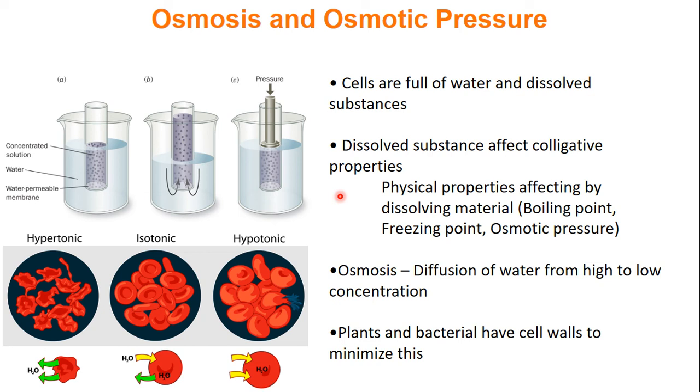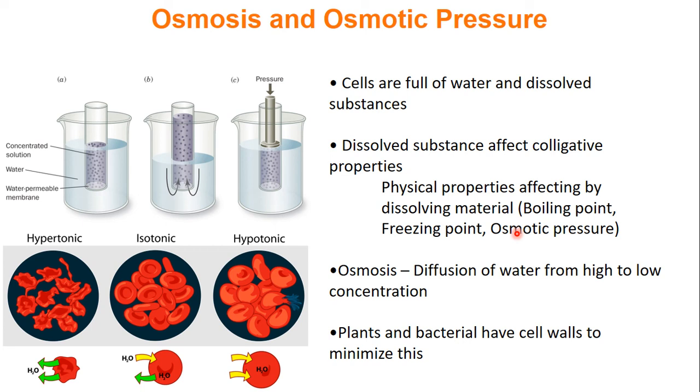So, for example, if you put salt in water, you're going to increase the boiling point, decrease the freezing point, and increase osmotic pressure. And for us, what really matters inside the cell is osmotic pressure.